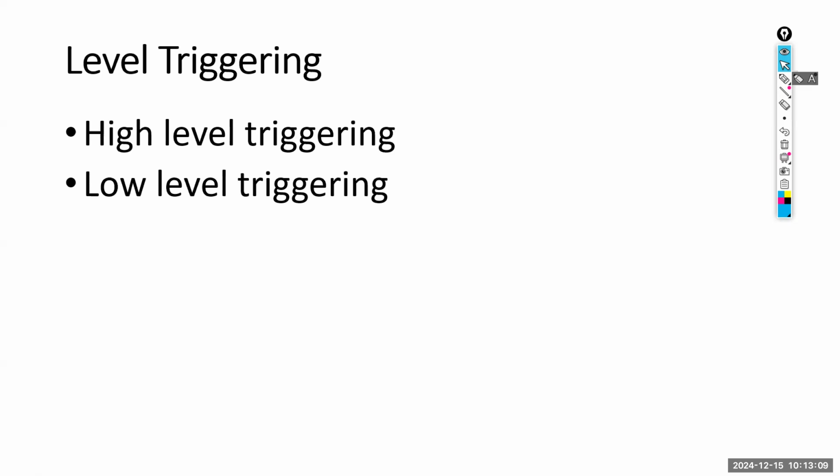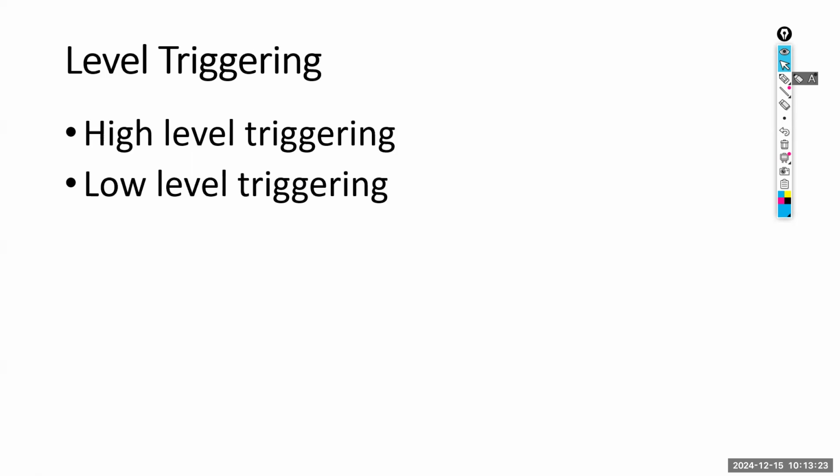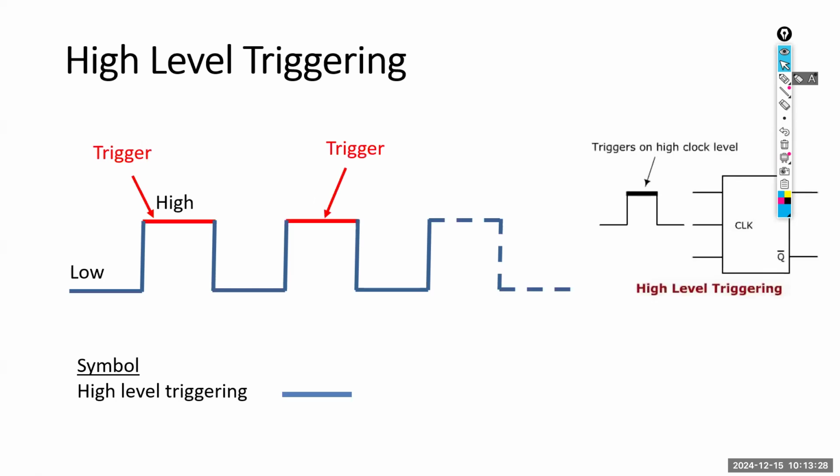So when it comes to level triggering, we can subdivide it into high level triggering and low level triggering. Similarly, edge triggering, we can subdivide into rising edge, falling edge. So let's first concentrate on level triggering. High level trigger means you trigger when you are in the high level of the clock cycle.